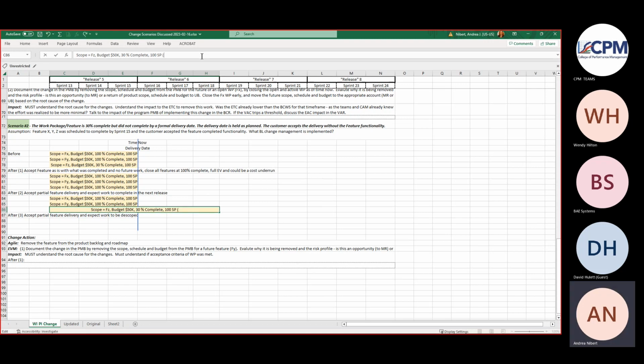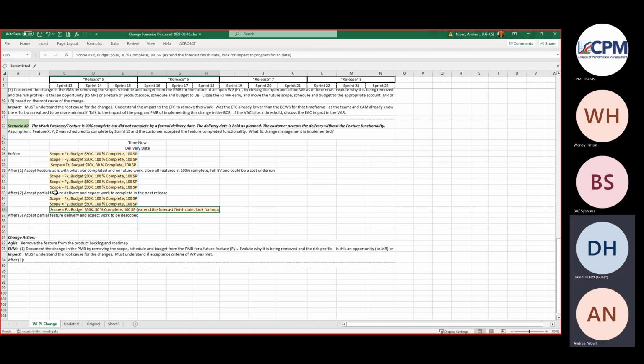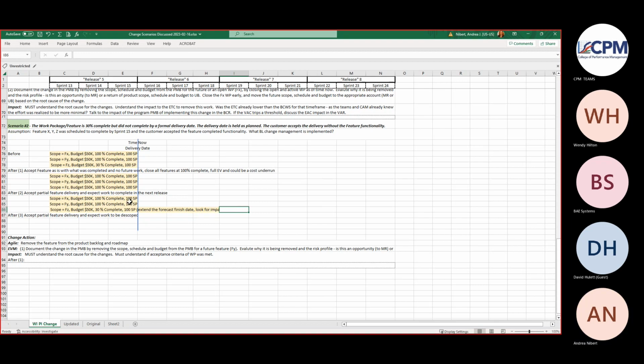What do you think about that? Is it that simple in this case? Well, it's a partial feature, so EV is going to be low. Yeah.